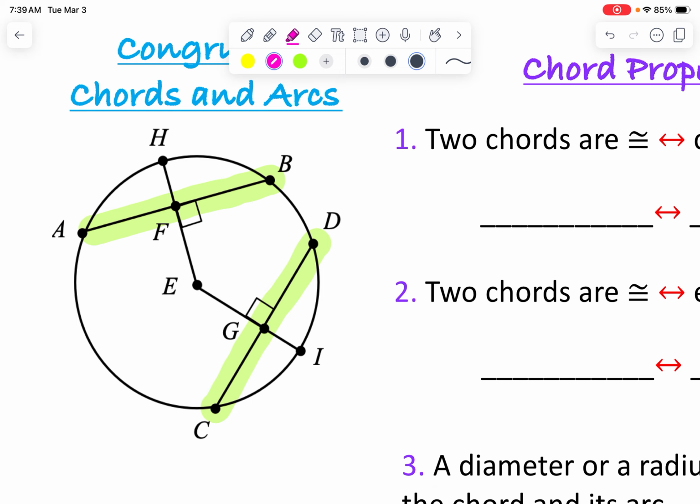So if this arc is congruent to this arc, then those chords are congruent, and vice versa. So if you know that the arcs are congruent, then the chords have to be congruent.